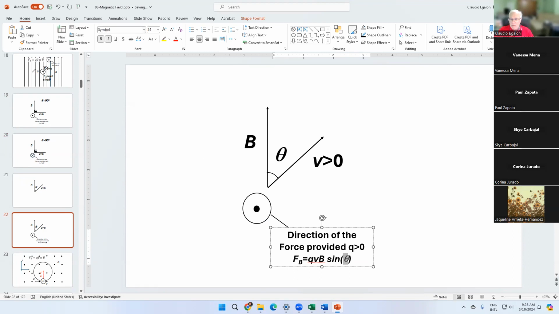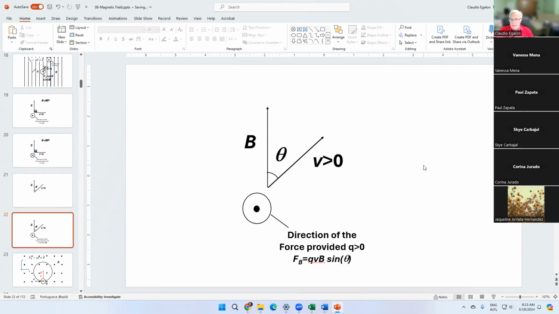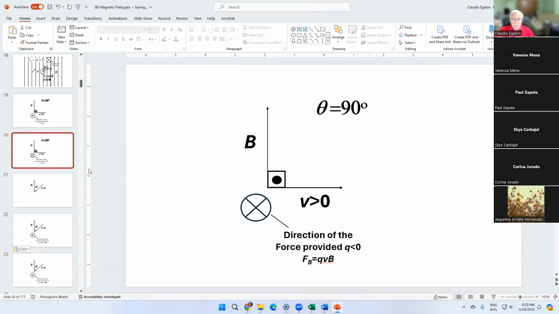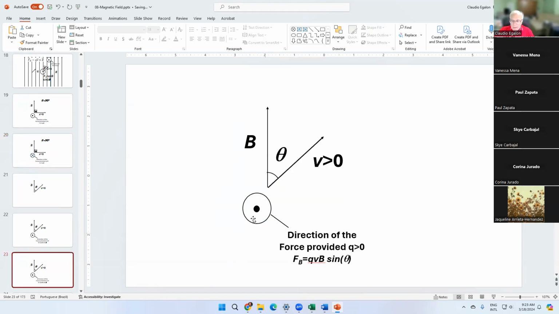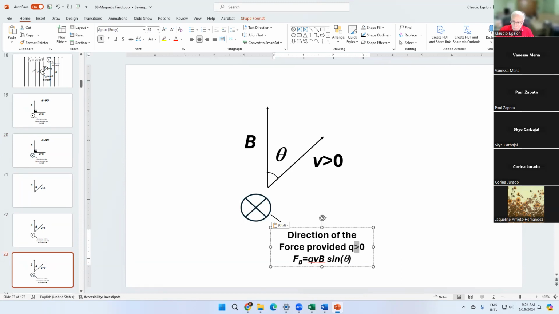Sine of theta. And we get exactly the opposite direction, right, if the charge is less than 0. Direction of the force provided Q is less than 0.